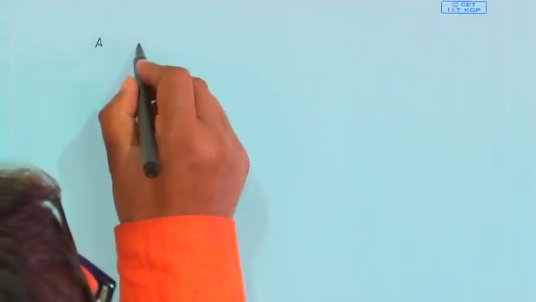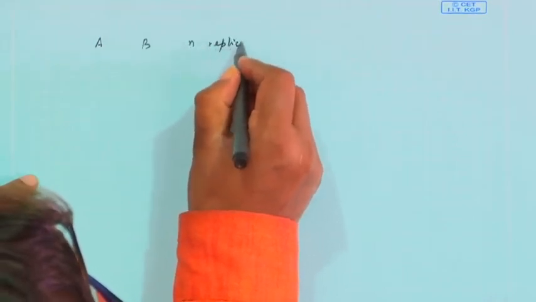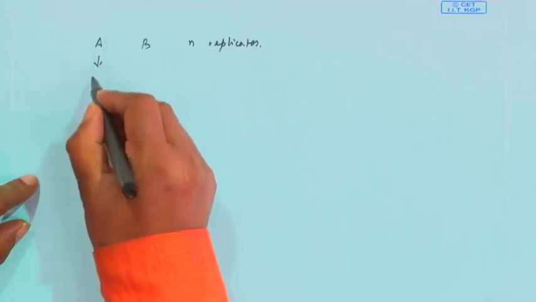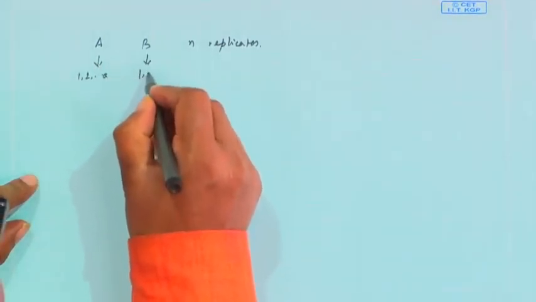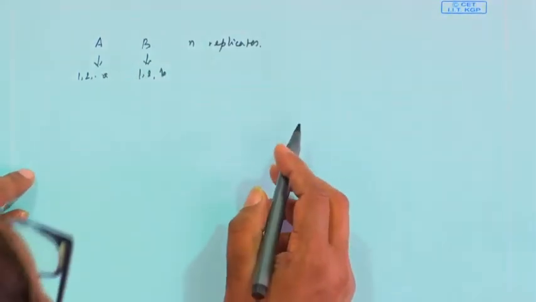Let us consider first two factors A and B and n replicates. Suppose factor A has a labels, factor B has b labels, and n replicates are there.